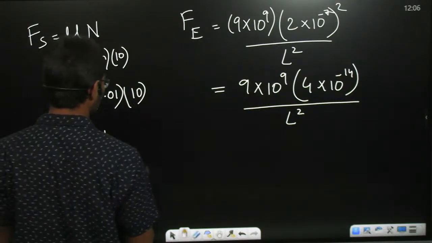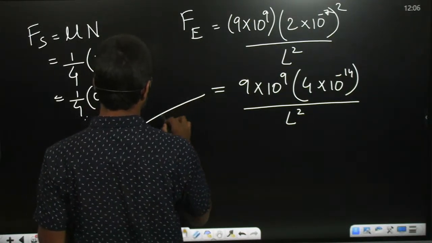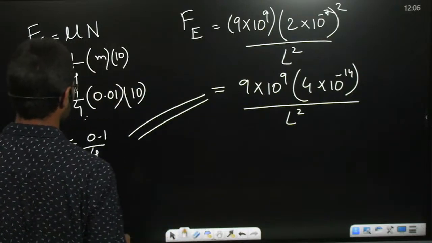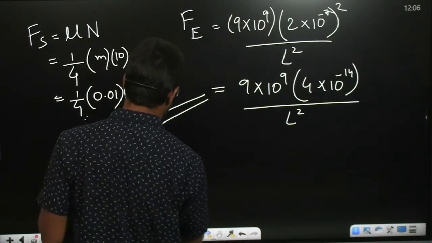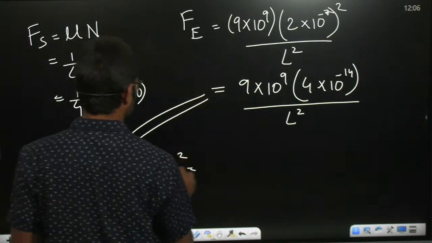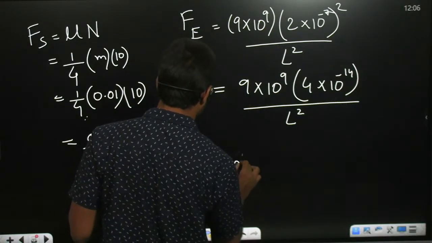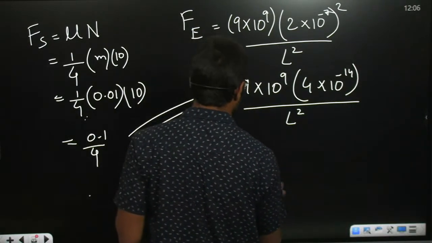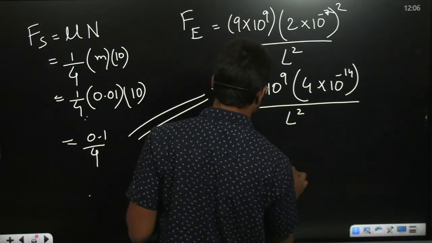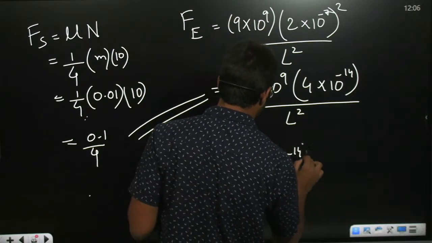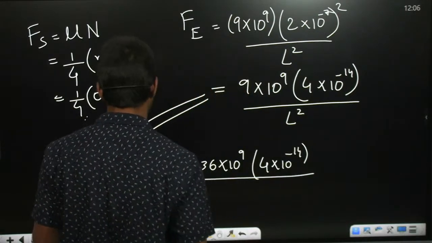We need to find L square. So L square is equal to 9 goes there, 36 into 10 power 9 into 4 into 10 power minus 14 by 0.1.